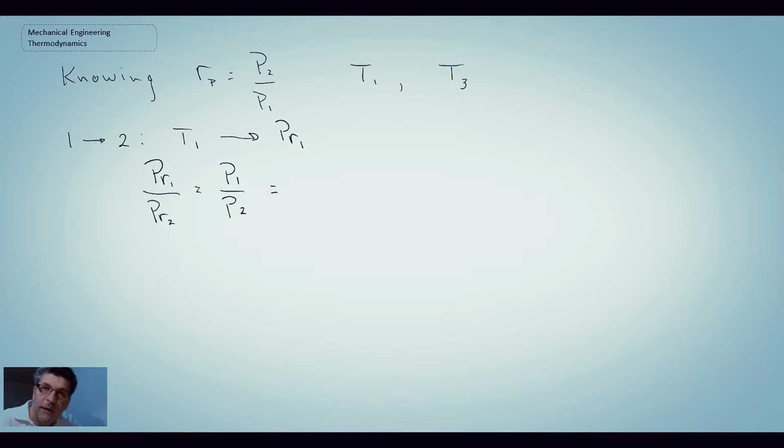Because recall, the relative pressure and relative specific volume only work if it's an isentropic process. So that's how you could work your way through to find temperature 2.